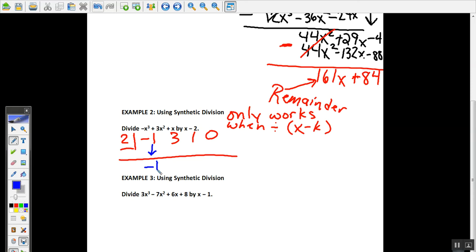So what would negative 1 times 2 get you? Okay, so then in this column right here, you've got a 3 and a what, kids? You add them. What is 3 plus negative 2? 1. Okay, so again, this number down here, you take 1 times what value? What is 1 times 2?